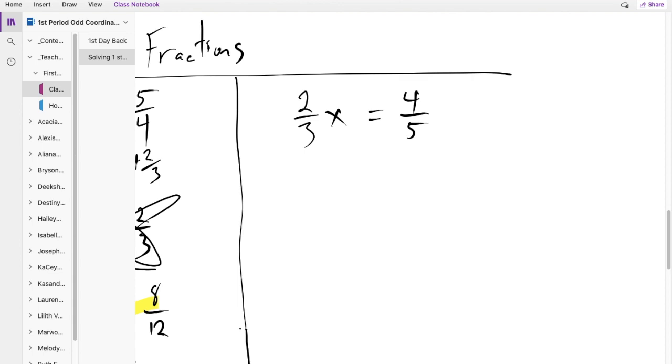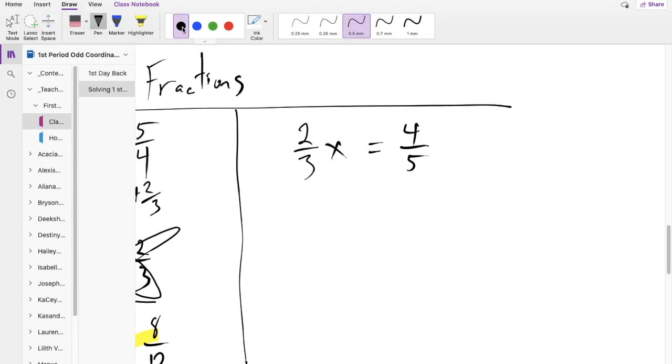But the nice thing about fractions when it comes to multiplying or dividing, especially dividing, is that if you divide by a fraction, it's the same as multiplying by its reciprocal. And reciprocal just means you're flipping the fraction. So instead of 2/3, I can multiply both sides by 3/2. So that's what I'm going to do. I'm going to multiply both sides by 3/2.